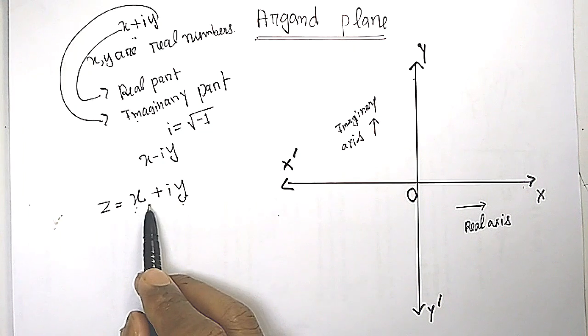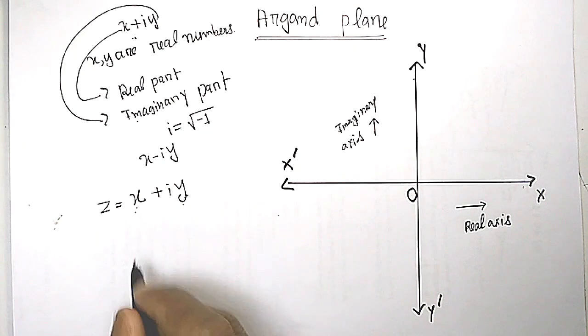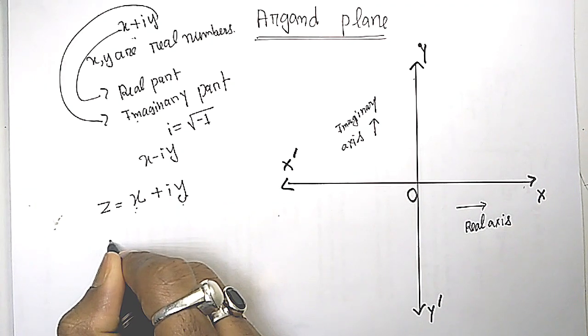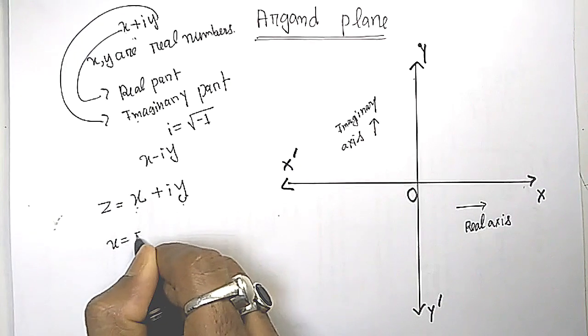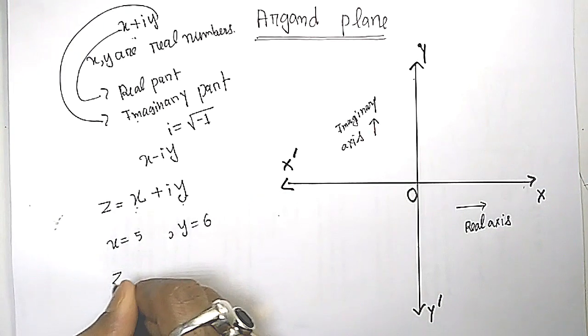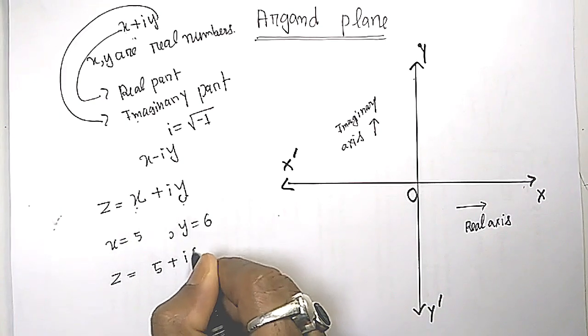So here z equals x plus iy, the complex number. Suppose x equals 5 and y equals 6, then the complex number becomes 5 plus i6.